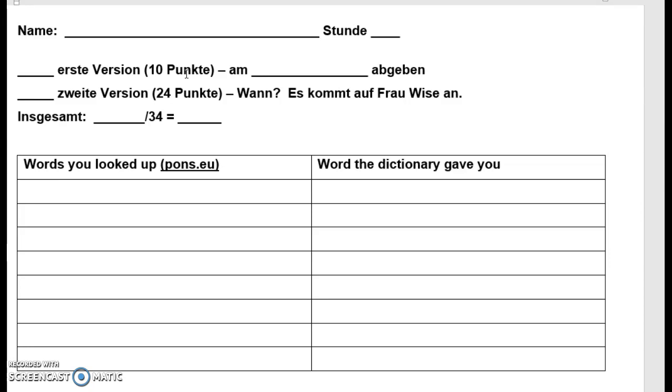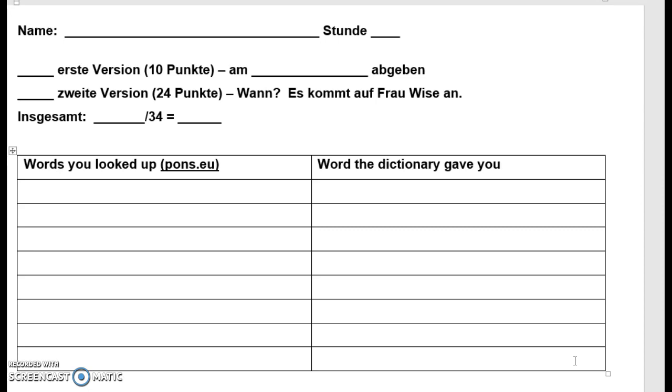You will likely have to use Pons to look up new words. And what I'd like you to do is, you don't have the back of this copied on your sheet, but you could list at the end of your letter the words that you looked up in Pons, and then likewise the definition that the English dictionary or the Pons dictionary gave you.